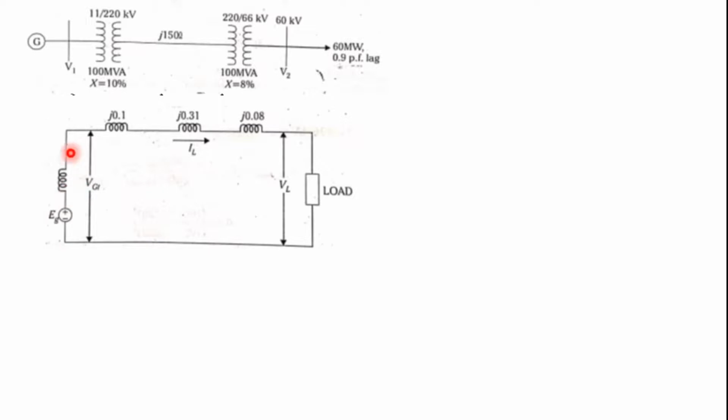We know that per unit, for the generator there is a reactance and source of EMF. For the transformer we got 0.1. For the transmission line we got 0.31, and for the transformer T2, 220 by 66, also 0.08.